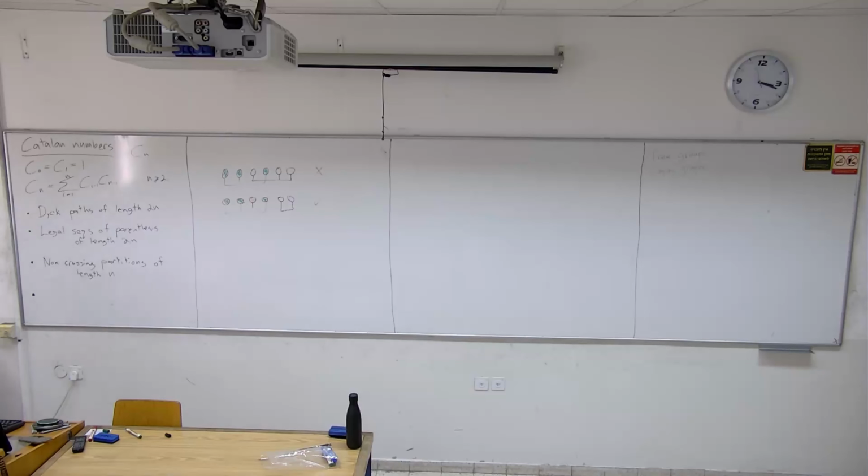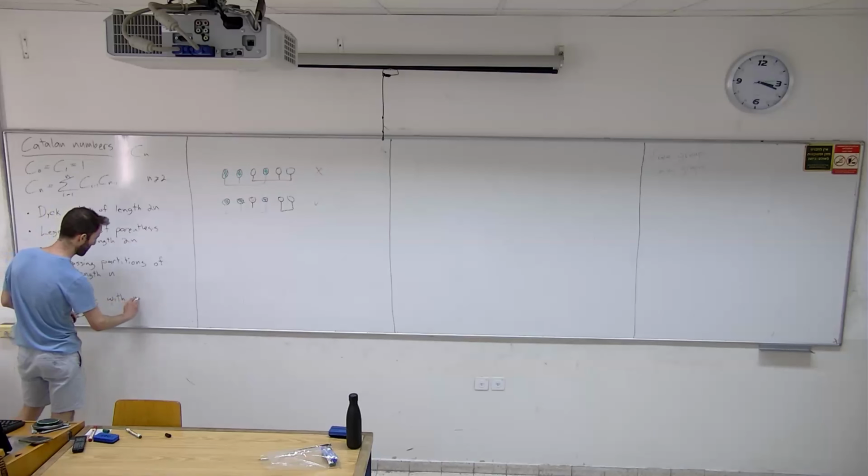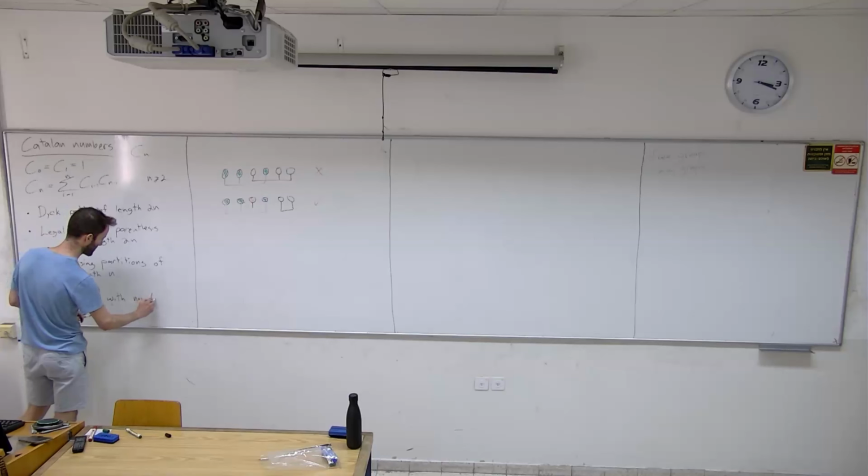Another combinatorial class of objects that are counted by the Catalan numbers is the number of binary trees with n plus 1 leaves.